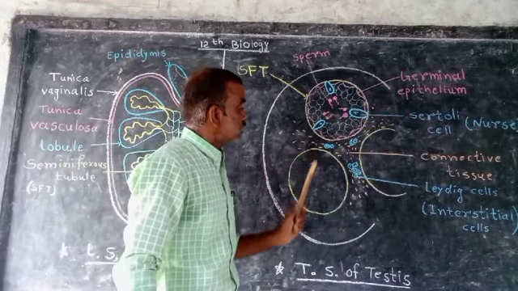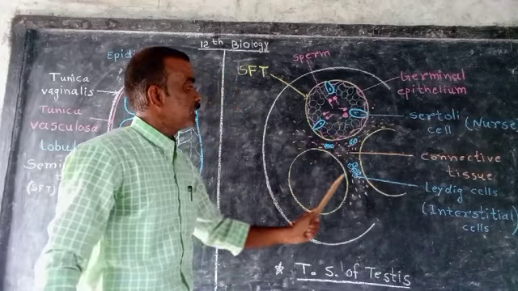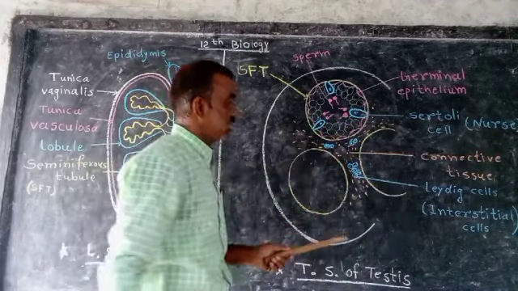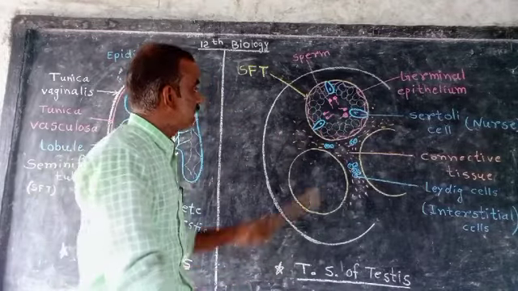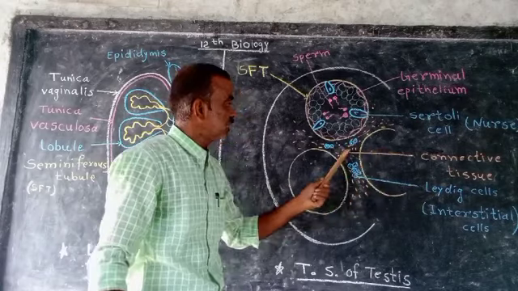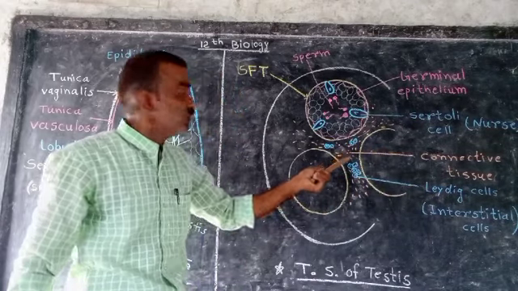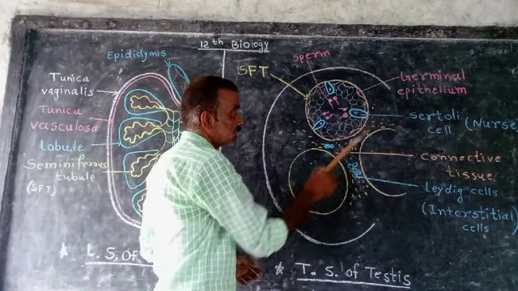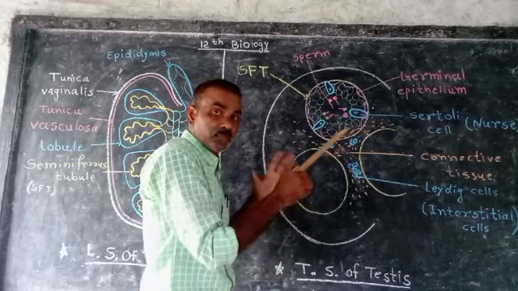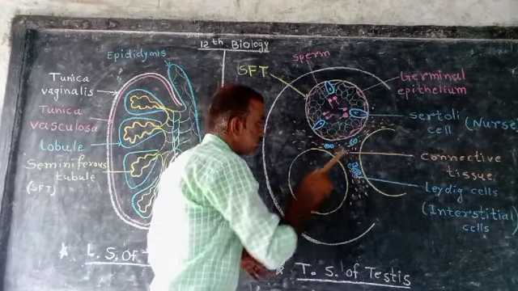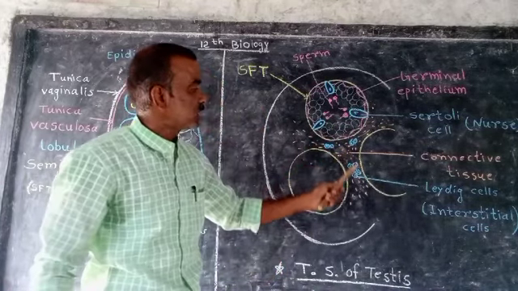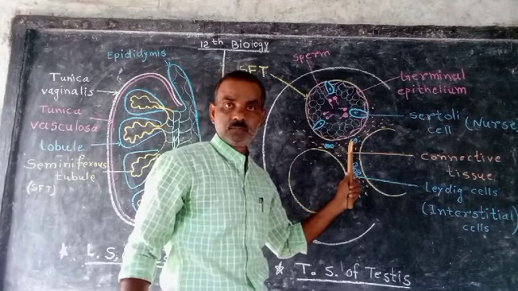Now the seminiferous tubules are attached with each other with the help of connective tissue, and within that connective tissue, in between the seminiferous tubules, there is a presence of a cell.